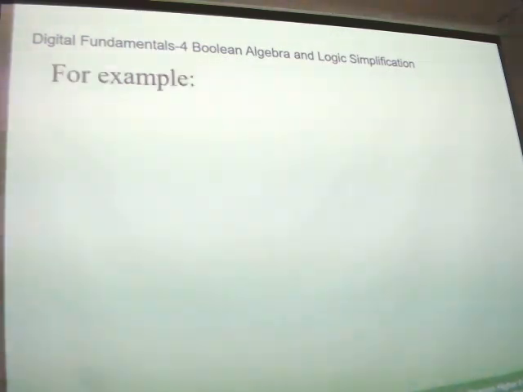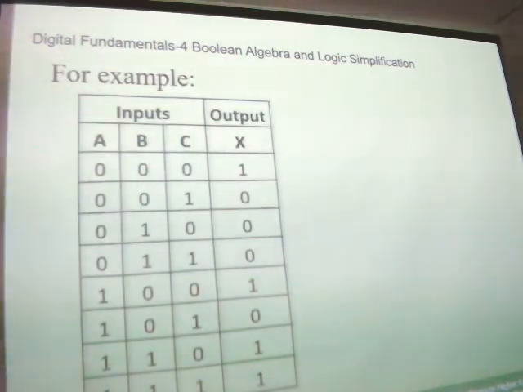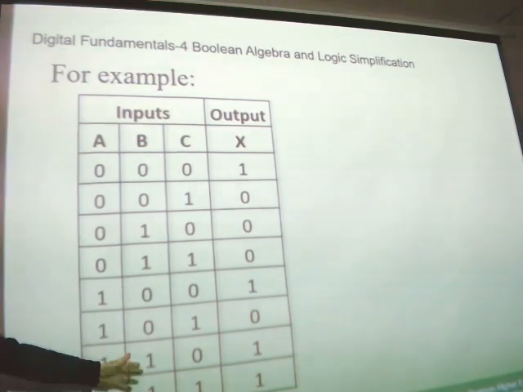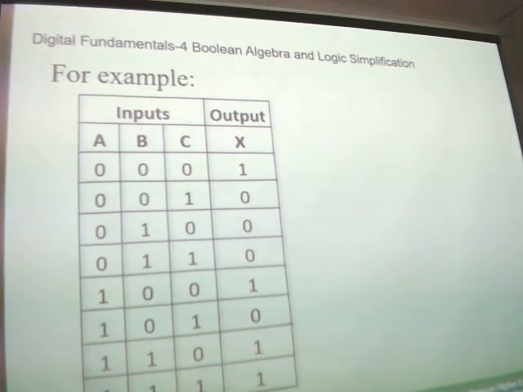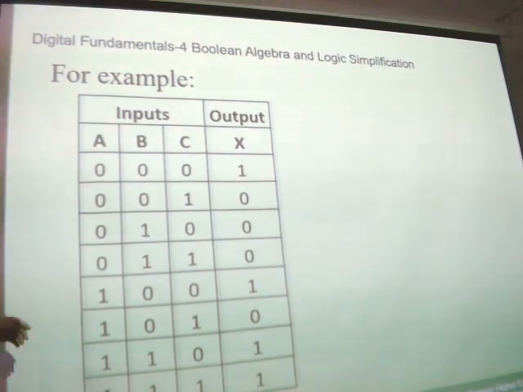For example, like this truth table, all combinations are listed. How to get the Karnaugh map?